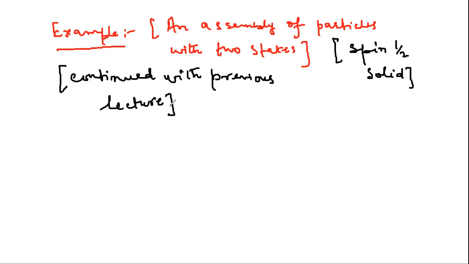two one-particle states. We labeled these states as j equal to 0 and j equal to 1. Ground state j equal to 0 had energy epsilon naught, and the state labeled with j equal to 1 has energy epsilon 1.